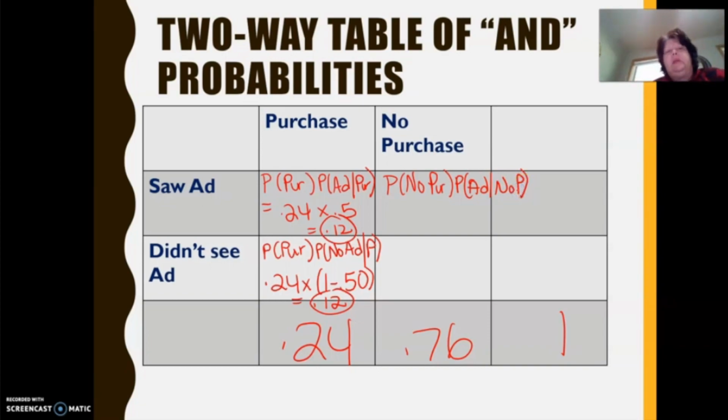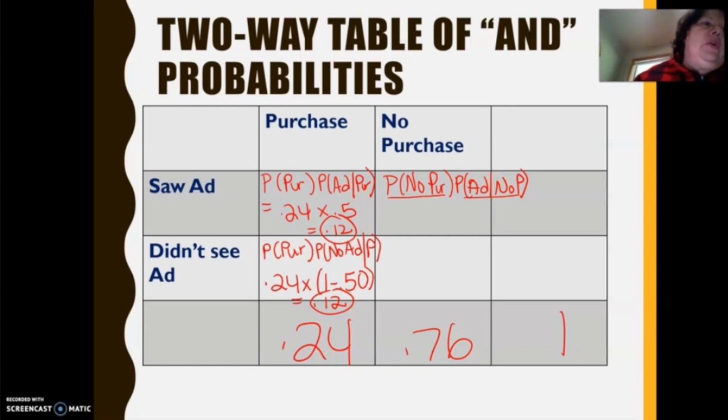That's how you get probability of saw ad and made no purchase. It's no purchase first. The purchase variable is first, because that's what you're given information about, and then they saw the ad given they did not make a purchase.